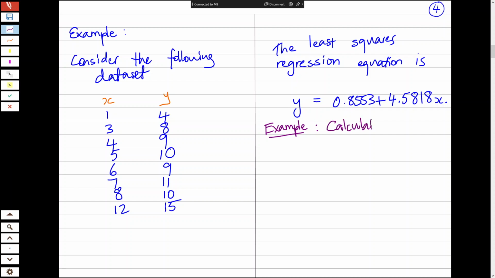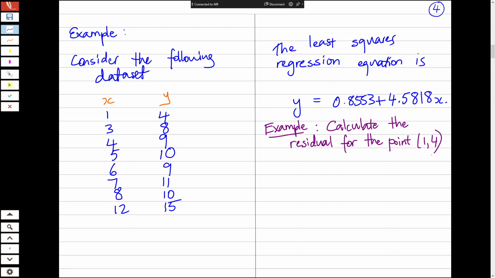Calculate the residual for the point 1, 4. A while ago I gave a definition for the residual. Now we finally have formulas for A and B, so now we can actually calculate the residual.